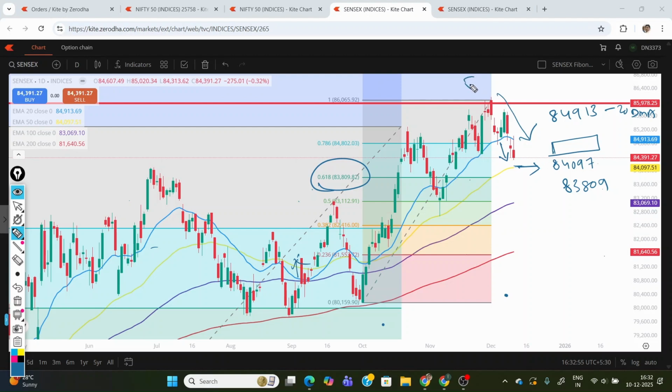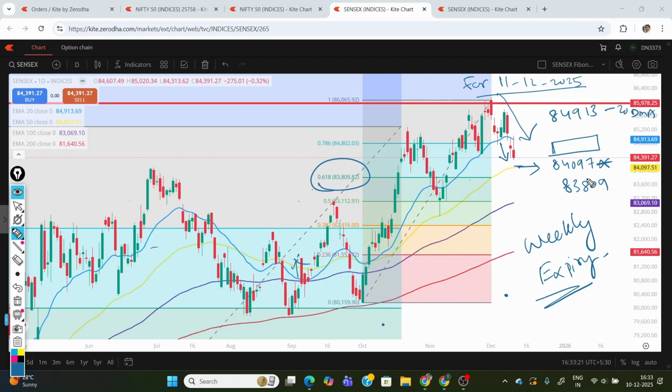So this is for tomorrow, that is 11/12/2025, weekly expiry. Sensex weekly expiry is there for options. So this will act as an indicator of trend for the coming week.